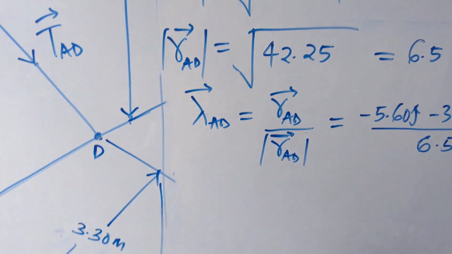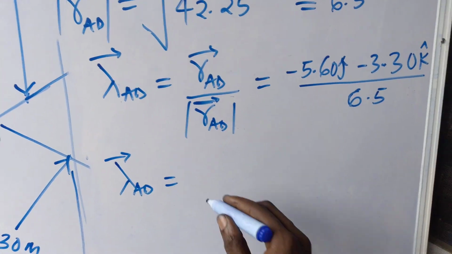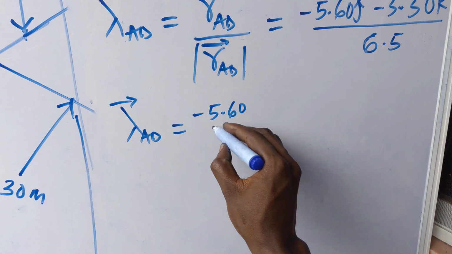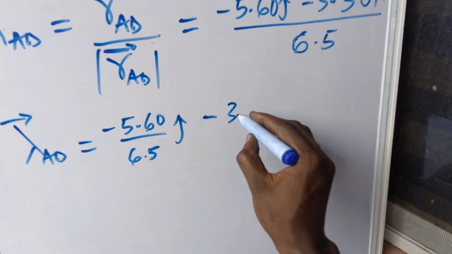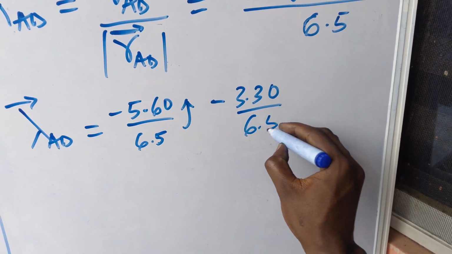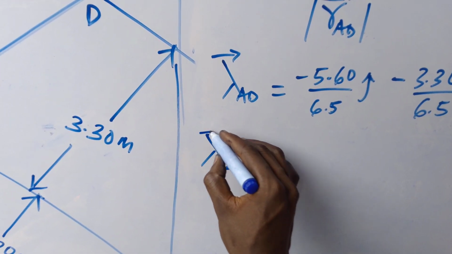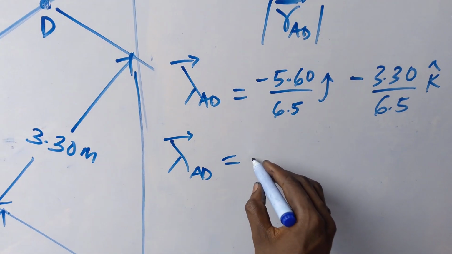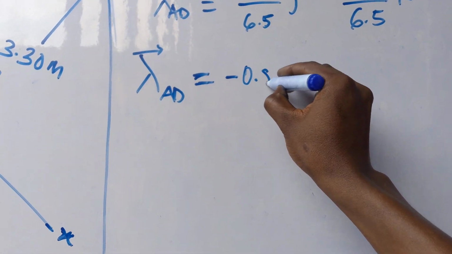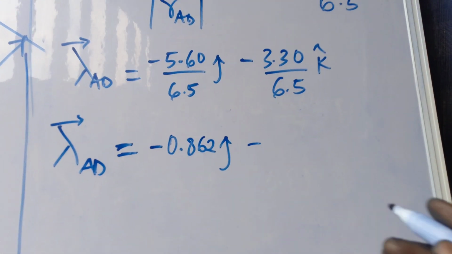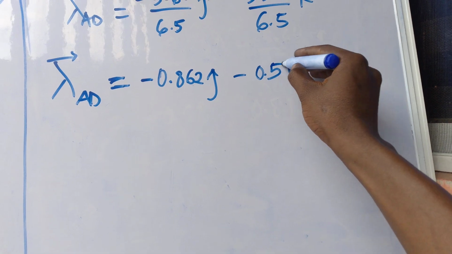By splitting it, lambda AD is minus 5.60 divided by 6.5 J minus 3.30 divided by 6.5 K. So lambda AD equals minus 0.862 J minus 0.507 K.